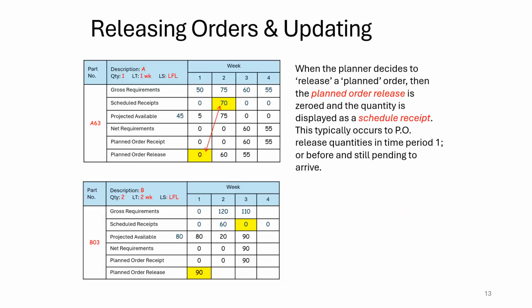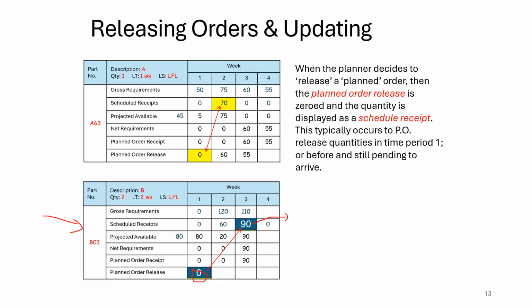And now a quick note. Sometimes companies try to optimize their MRP. If you look at the MRP for B, the planned order release in week 1 is 90 units. Sometimes companies make the planned order release in week 1 0 units and instead add the 90 units as scheduled receipts in week 3.